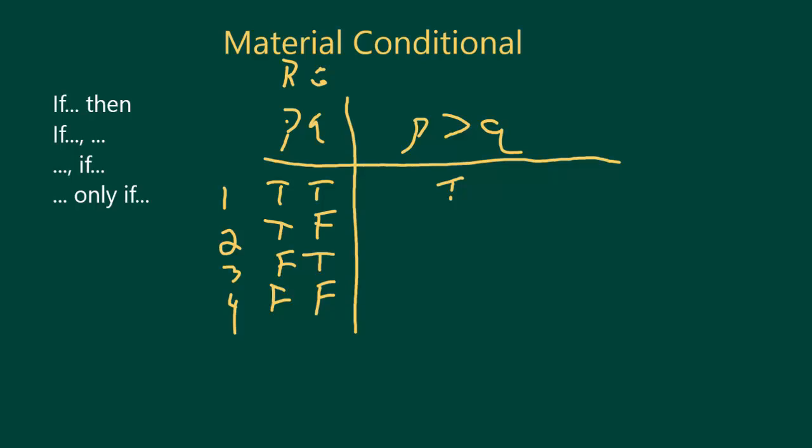Do I break my promise when I assert if it rains, the grass is green, and then you find out it does rain, but the grass isn't green? That's the case in which I break my promise. I promised you that when it rains outside, you look outside, you're going to see green grass. But here, you look outside and you see that it's raining, but the grass is brown. I broke my promise to you.